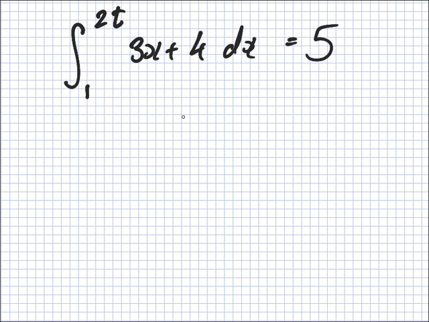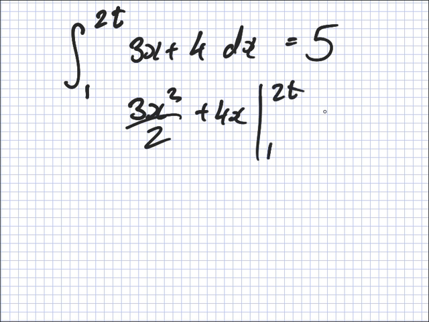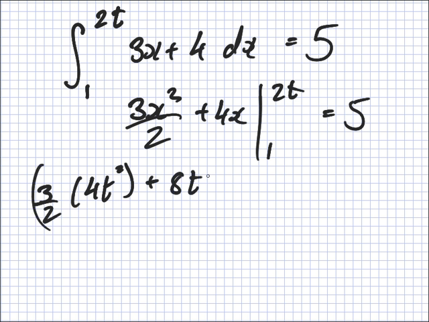Okay, don't touch anything. Right, so you integrate as normal. So here you get 3x squared over 2 plus 4x, and the limits are 1 to 2t, and that should equal 5. How to find t? So we put 2t in first, so we get 3 over 2 times 2t squared, plus 8t, and then we put in 1, minus 3 over 2 plus 4, and that should equal 5.